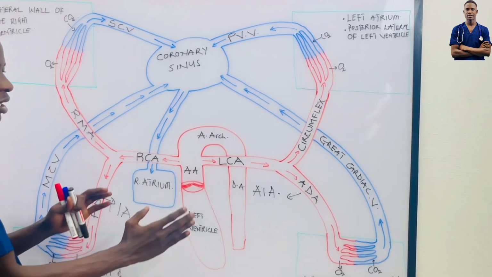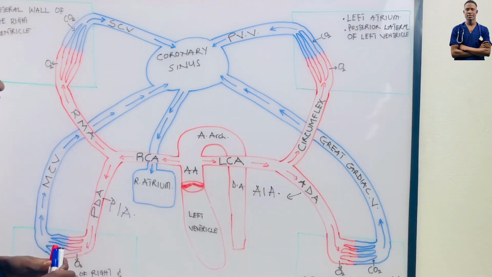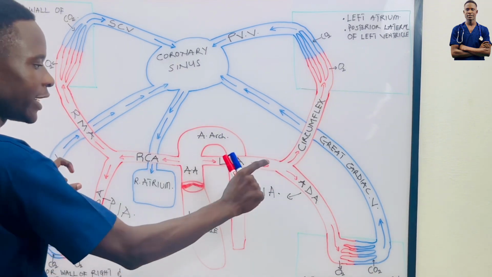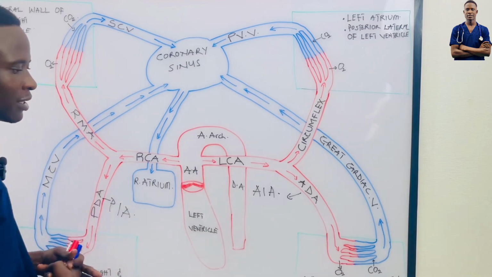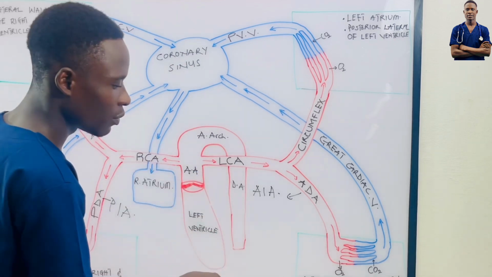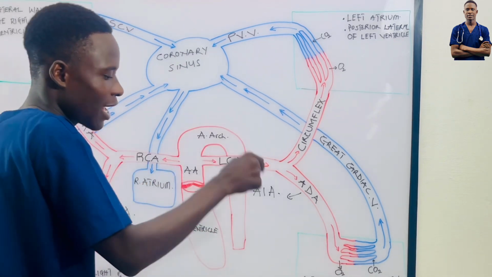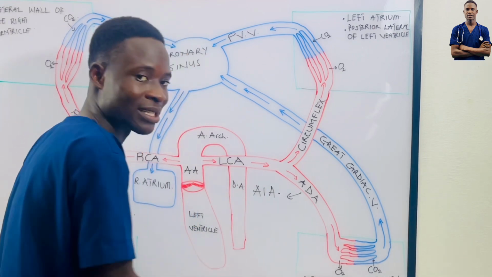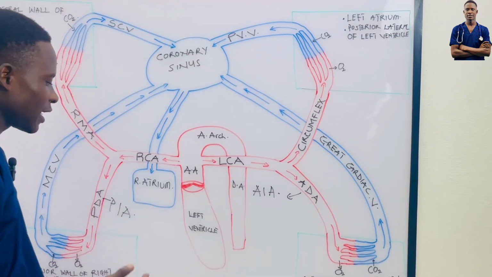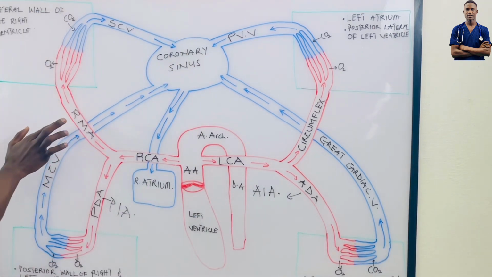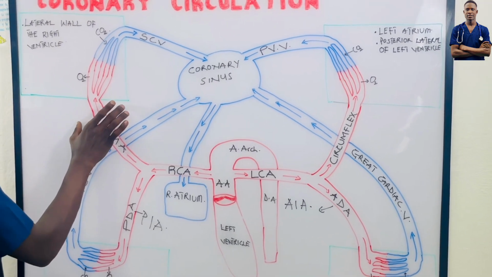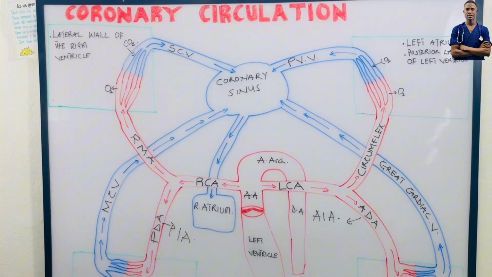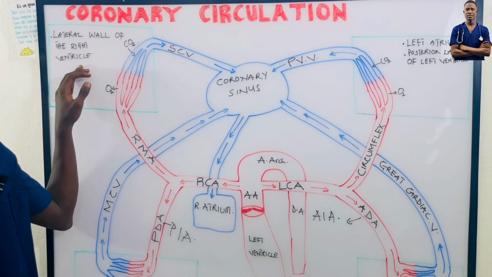Now, let's come to this. You see, if there is a blockage of these arteries, the part of the myocardium in which that artery supplies blood will be affected. So imagine there's blockage of the right marginal artery. You know, the lateral wall of the right ventricle will be affected.